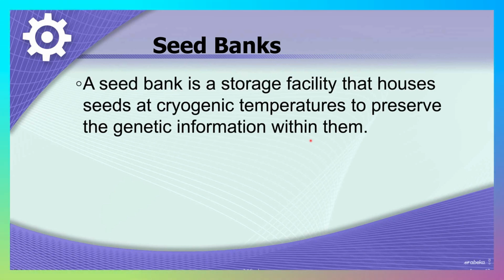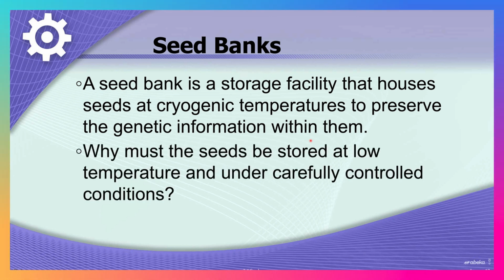And so a seed bank is a storage facility that houses seeds at specific temperature and humidity, and it preserves them and keeps them for their genetic information. Now the question here is, why must a seed be stored at a low temperature under carefully controlled conditions? If you think about it, if you don't do that, then the seeds will germinate and die. And so seed banks keep the environment very controlled to prevent that from happening.